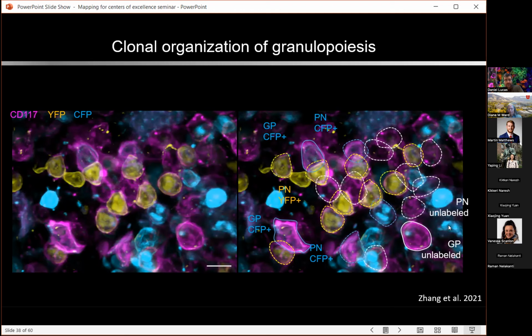The important takeaway of this is that it's possible to interrogate clonal relationships at a smaller scale. That these clusters that we see are certainly oligoclonal, and because of the organization of these structures, we think that this is a stable structure where a progenitor comes in, differentiates, produces a few cells, and then another progenitor is going to come in and continue differentiating.